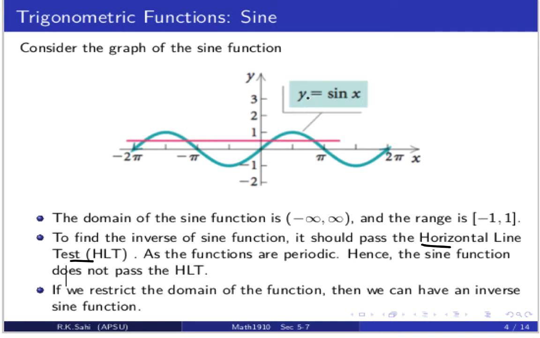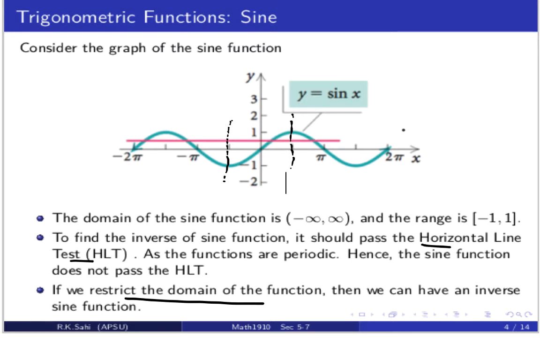Hey, there's an idea. We restrict the domain. So let's restrict the domain of the function, suppose from minus pi half to pi half. It's just one of the domains. You could have picked other domains.